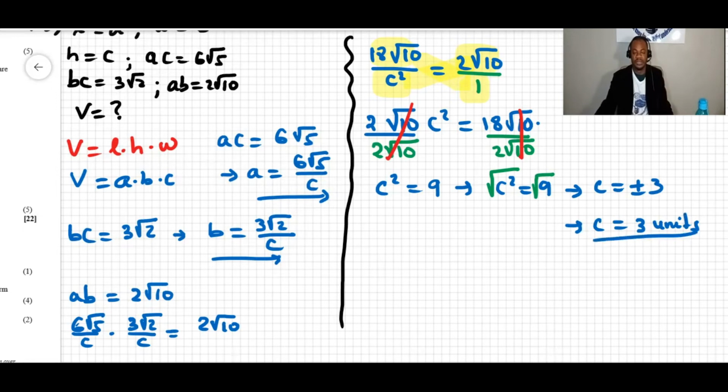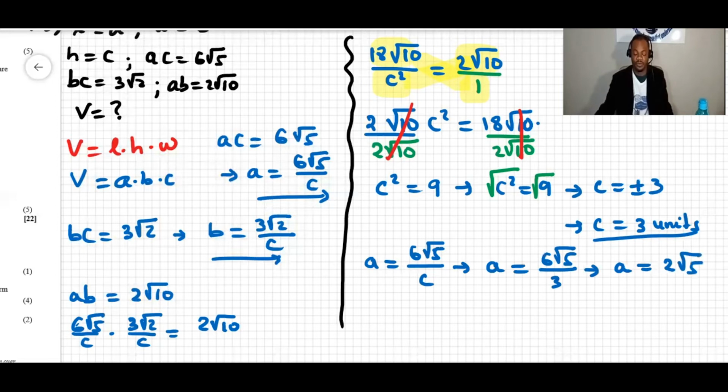If we've got C, we can also find A and B because A and B were expressed in terms of C. So A was equal to 6 root 5 over C, so this will make A equal to 6 root 5 over 3. 6 over 3 is 2, so A is equal to 2 root 5.